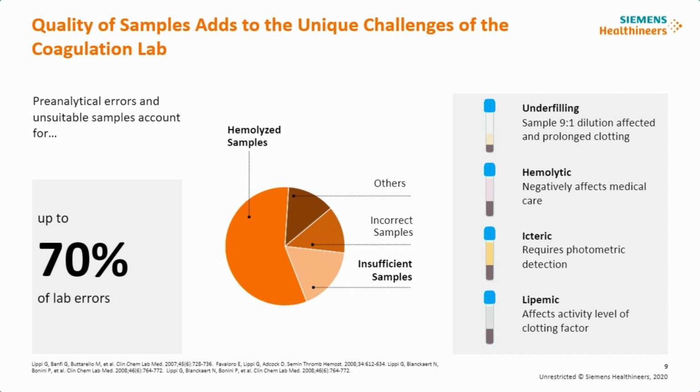But also, when we look at those other categories, underfilling, maintaining that blood to anticoagulant ratio of 9 parts to 1 is really important to ensure that there's proper anticoagulant within the sample. Icteric and lipemic samples, of course, can have adverse effects on coagulation testing.